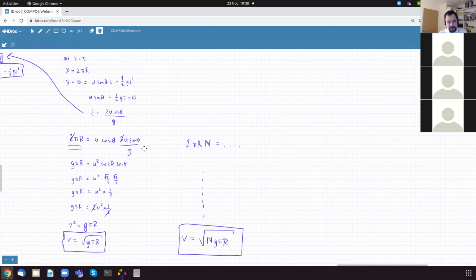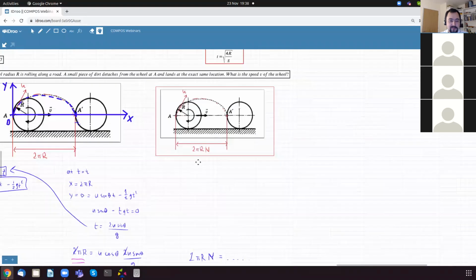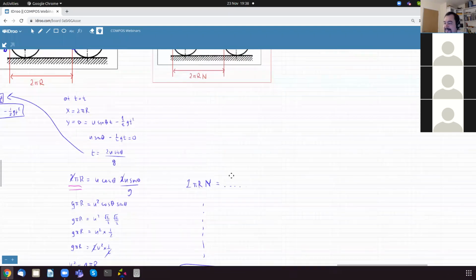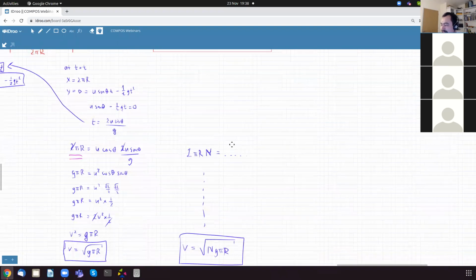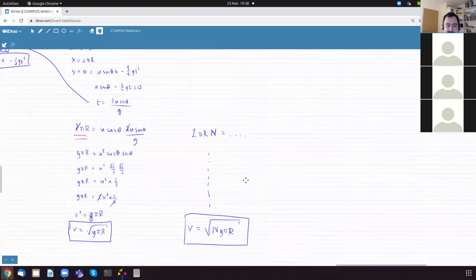And what could the practical application be? Well, potentially it could be a circus trick, I don't know, with a wheel rolling and something jumping off. But basically, n is an integer.